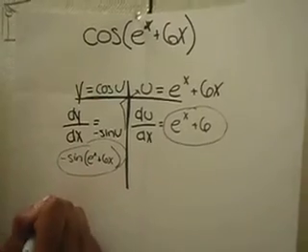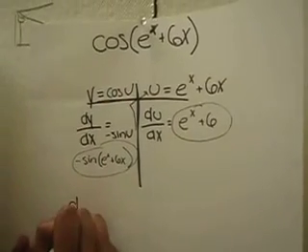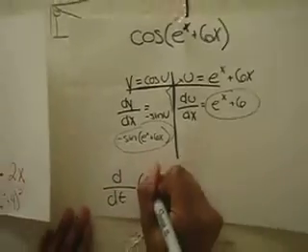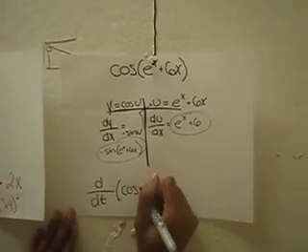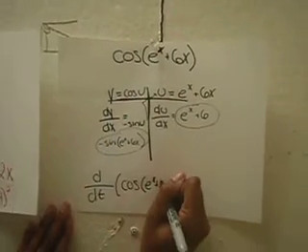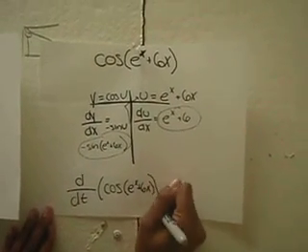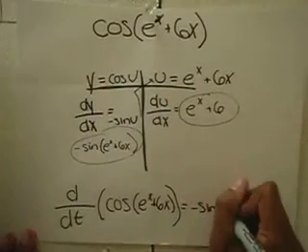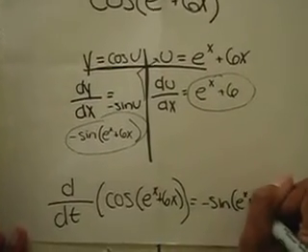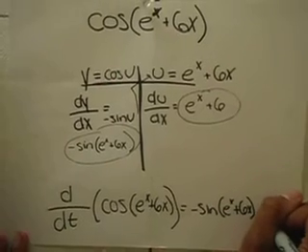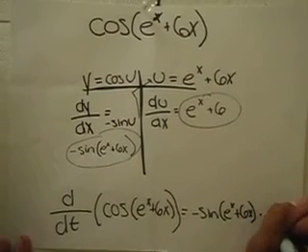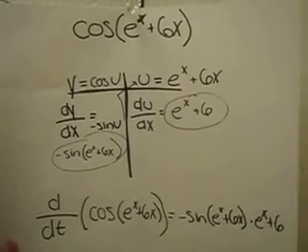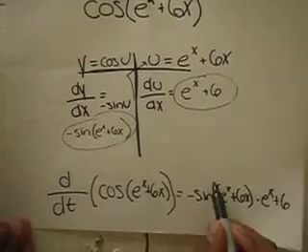So now the answer is d over dt of cosine of e to the x plus 6x equals negative sine of e to the x plus 6x times e to the x plus 6. And this is your answer.